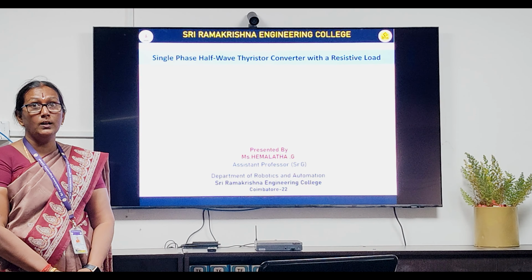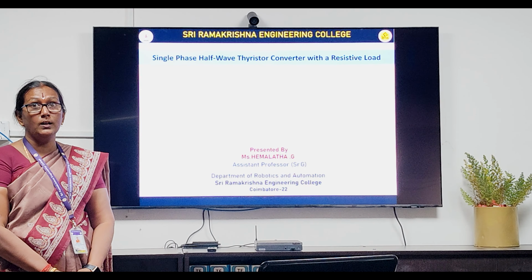When the thyristor is forward biased, the anode terminal is positive with respect to the cathode terminal, and the gate terminal is not triggered, there will be no conduction due to the reverse biasing of the inner junction of the SCR. Hence, the entire supply appears across the SCR. If the gate terminal of the SCR is triggered with an adequate duration pulse, then the width of the depletion layer, that is the reverse biased inner junction, starts reducing and finally disappears, and the SCR starts conducting.